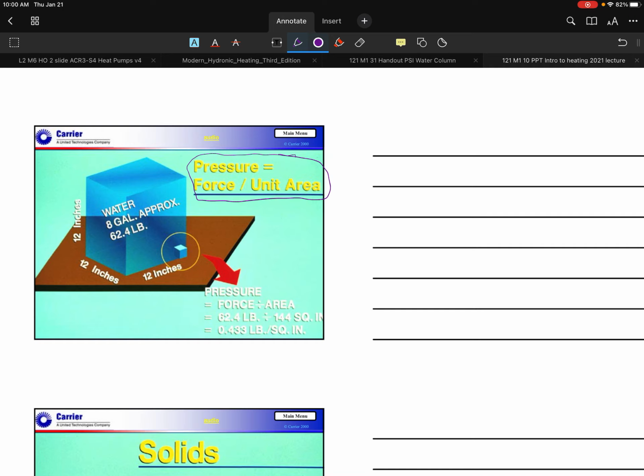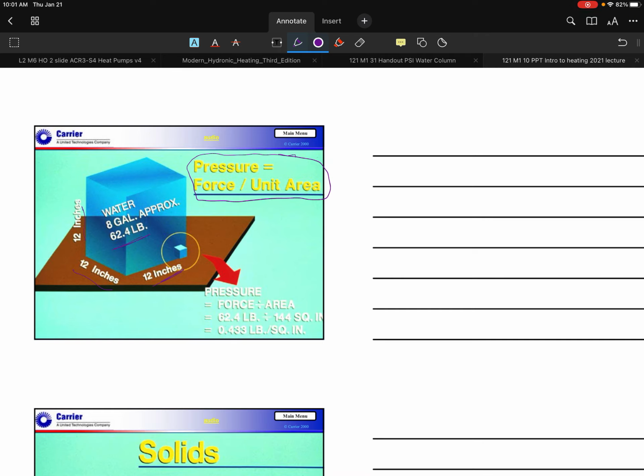The way this slide was set up, you think of force as how many pounds we're really referring to. Water has a density of 62.4 pounds per cubic foot. So we're showing a foot by a foot by a foot, 12 inches by 12 inches by 12 inches, and it's 62.4 pounds.